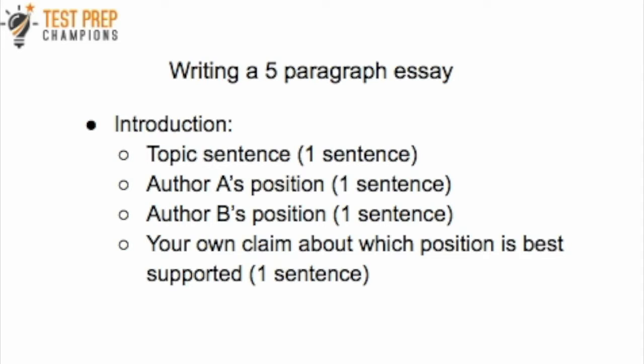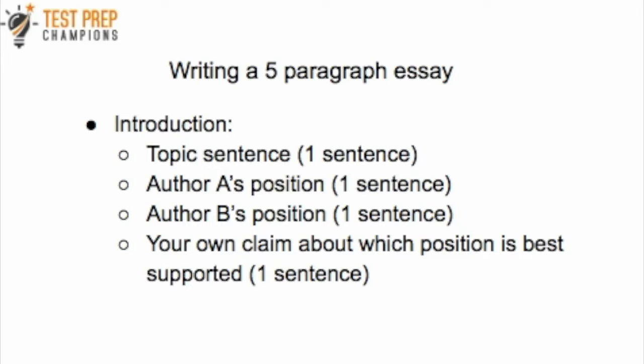So you just want to start off your writing with a topic sentence. And I'm going to show you a couple formulas that you can use. And like I said, we're going to look at examples of how to do this too. Lots of examples to come here too. And then you're going to want to take both positions and you're going to want to basically summarize them. All right. So you're going to want to state author A's position in one sentence and then author B's position in another sentence.